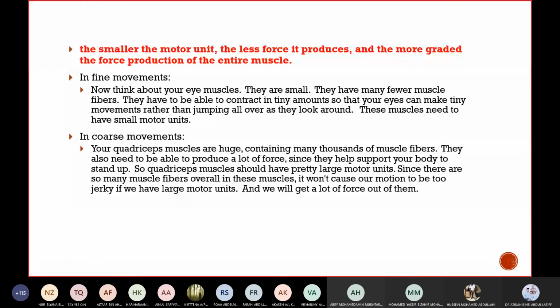So you don't need to actually think about walking with more precision and so on. Okay, so small motor units are for fine movements and more precise movements with less force needed. In coarse movements, you have larger motor units that need more force but less precision.